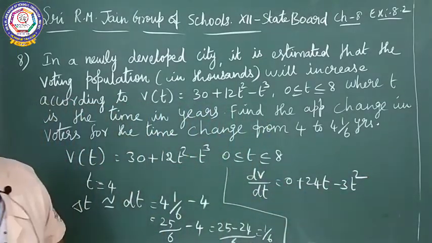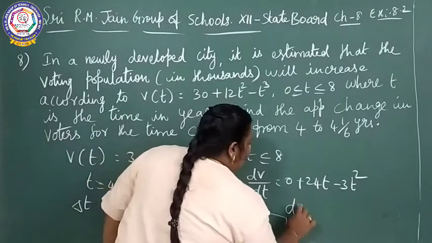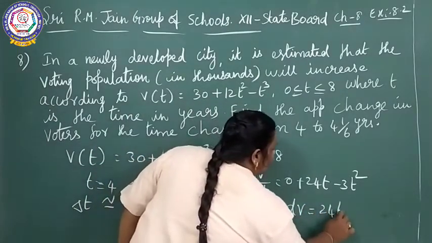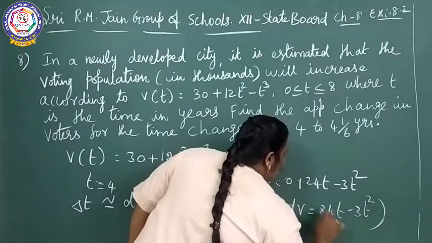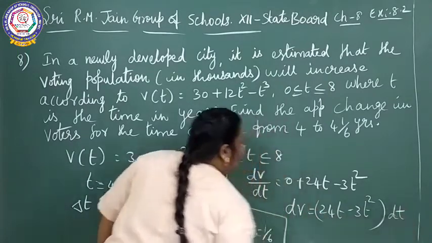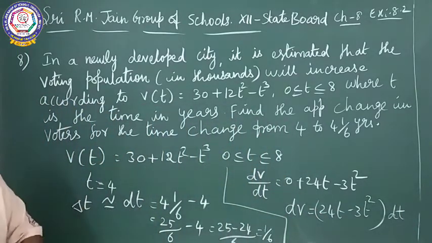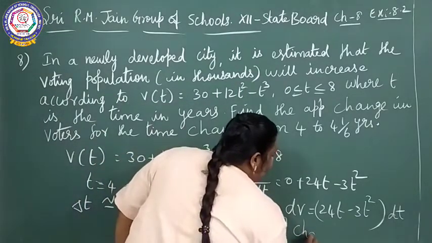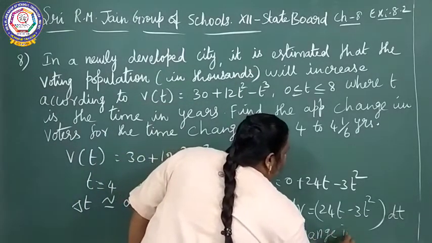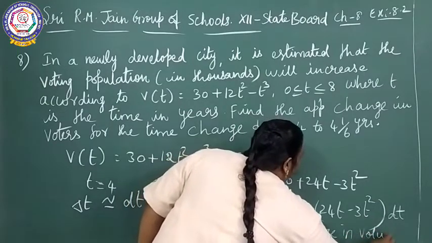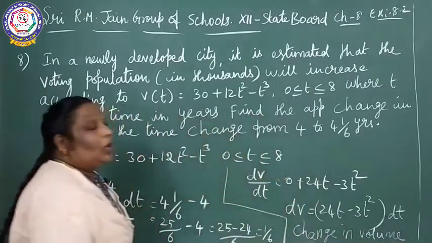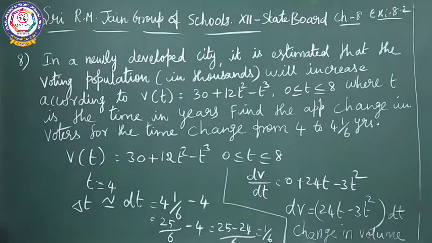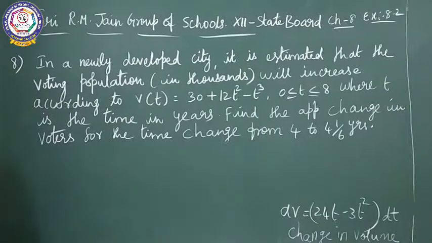So dV equals (24t minus 3t squared) into dt. Now, what is the change in voters? It is approximately dV.